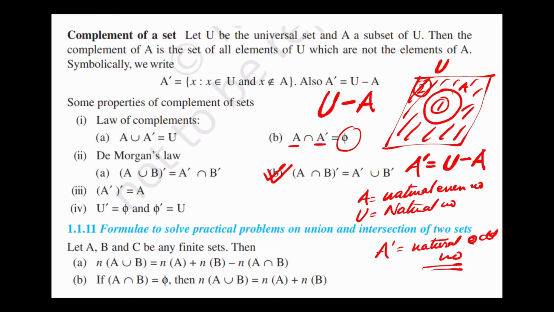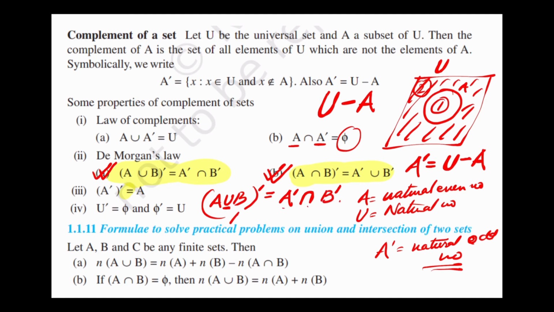Now this De Morgan's law is very important, students. We'll be using it a lot. So be careful. A union B whole bar, if you have studied computers, then you will know it. A union B whole bar, the complement, is nothing but A complement. Change this sign: union will be changed to intersection, intersection will be changed to union.